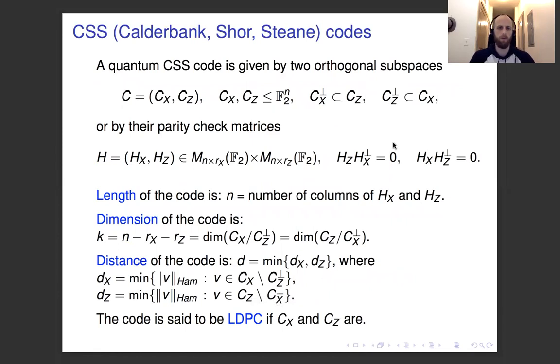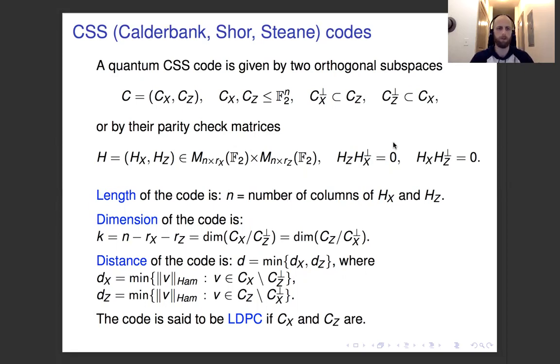quantum codes, or the quantum codes that we will be interested in in this talk, will be the CSS codes, which are given by a pair of two classical codes, Cx and Cz, of the same length, such that the orthogonal complement of one of the codes is contained in the other.